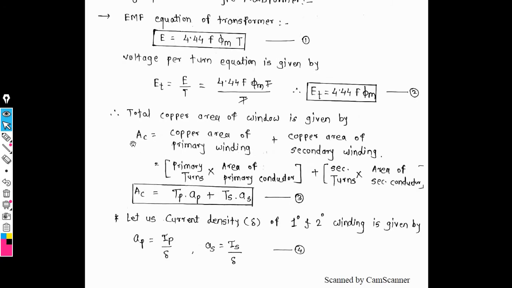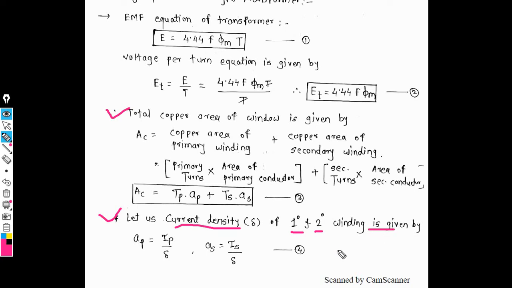Then we need the current density. Having found the total copper area, we go to the current density, measured in ampere per meter square, for the primary winding and secondary winding. Ap is equal to Ip upon sigma, where Ap is the area of the primary conductor, Ip is the current flowing through the primary conductor, and sigma is the current density.